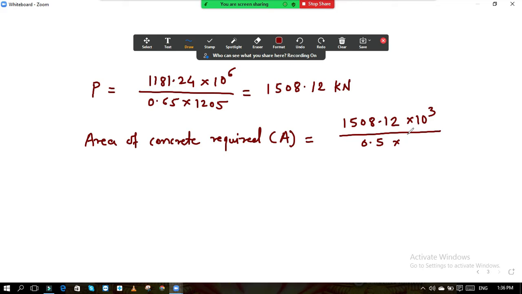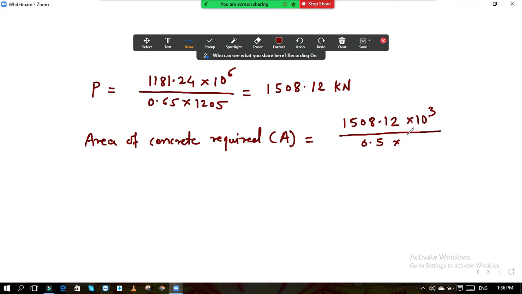What is the grade of concrete given to us? So area of concrete is prestressing force divided by stress, and stress is our average stress.